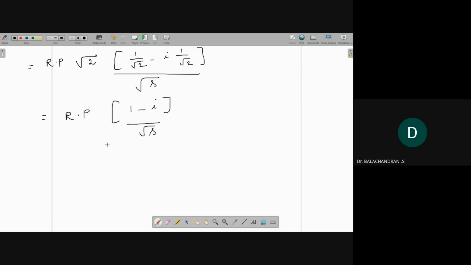I need only the real part, so the final answer is 1 by root s. This is the Fourier transform of 1 by root of mod x. Root of mod x is equal to 1 by root s.